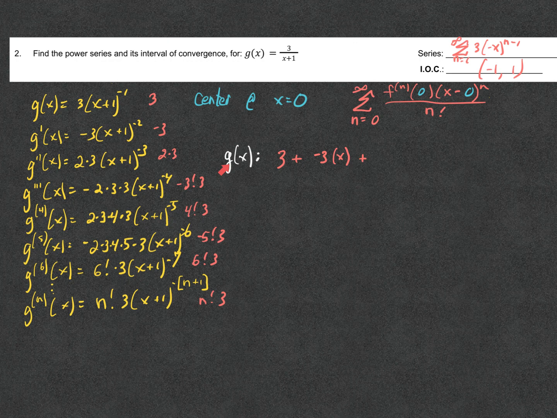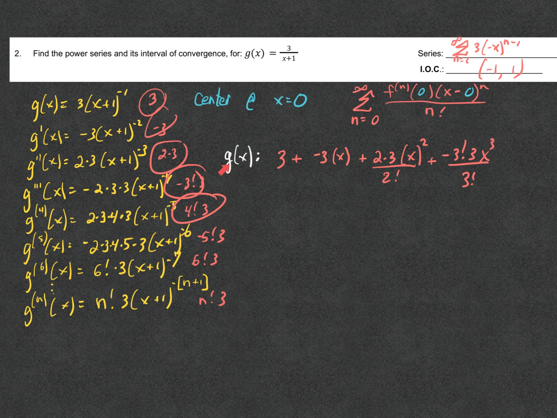Then when n is 2, we have the second derivative, which we're down to here now, 2 times 3, times x to the second power over 2 factorial. When n is 3, we have the third derivative, times x minus 0 to the third over 3 factorial.